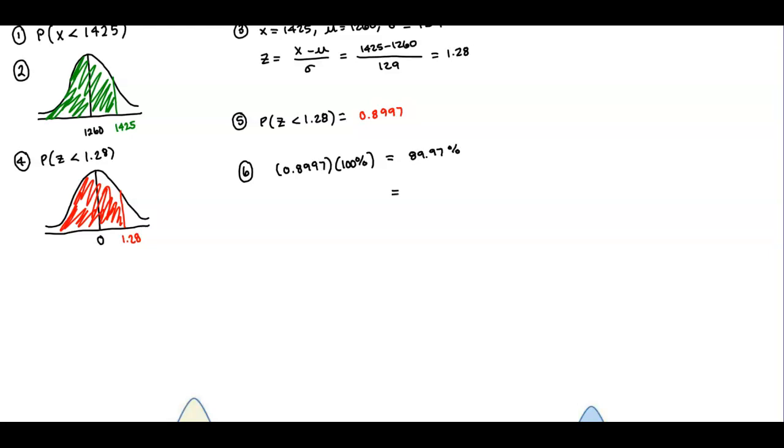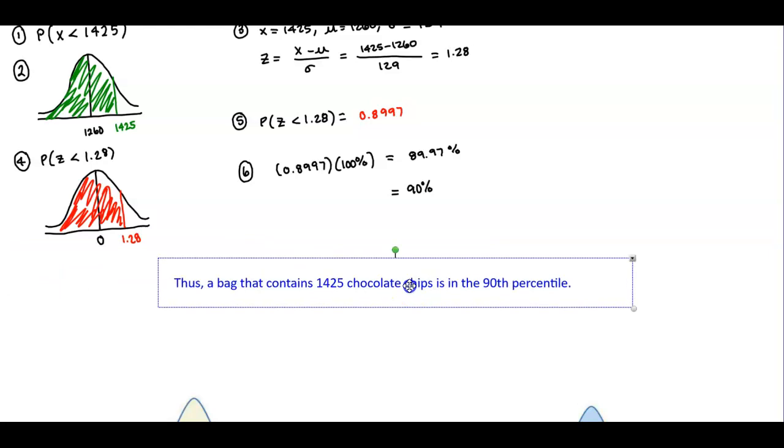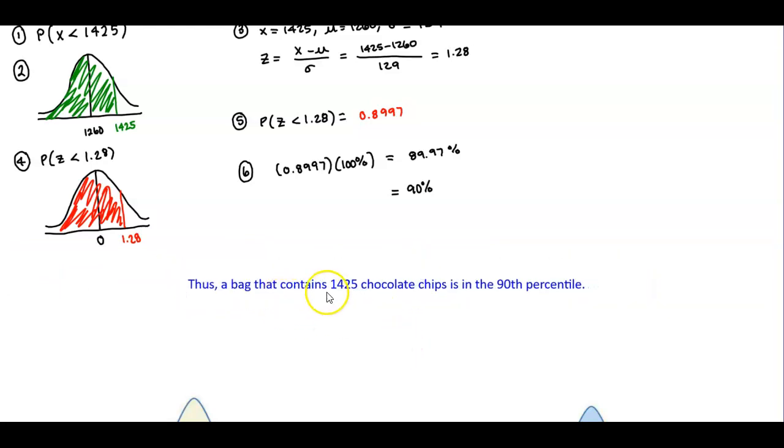Then we're going to round it to the nearest percent, which gives us 90%. And so what does that tell us? That tells us that a bag that contains 1,425 chocolate chips is in the 90th percentile, which means that this entire area is about 90% that's being covered.